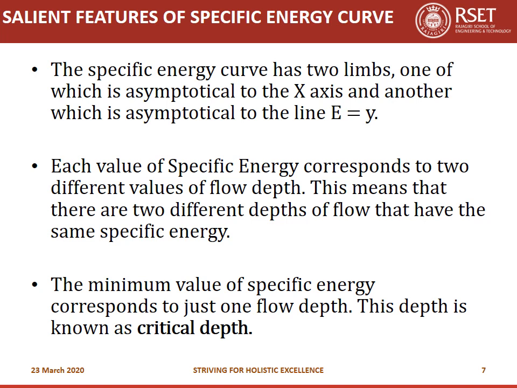Each value of specific energy corresponds to two different values of flow depth, which means that there are two different depths of flow that have the same specific energy. The minimum value of specific energy corresponds to just one flow depth, and this depth is known as the critical depth. So this much has been explained earlier from the graph.